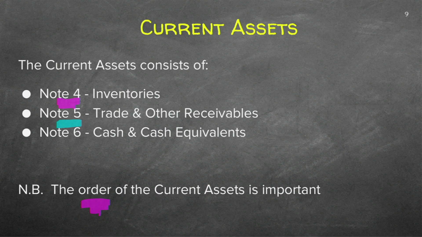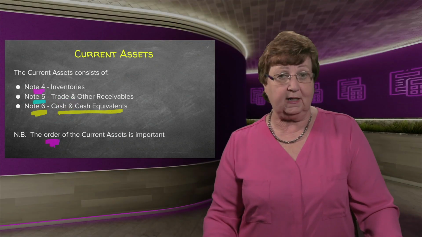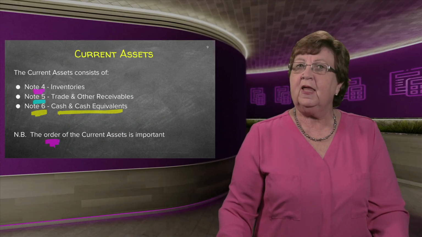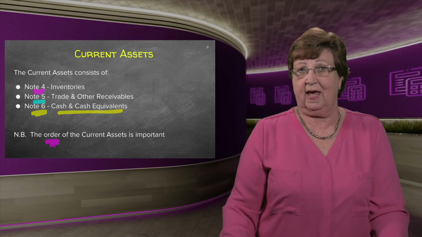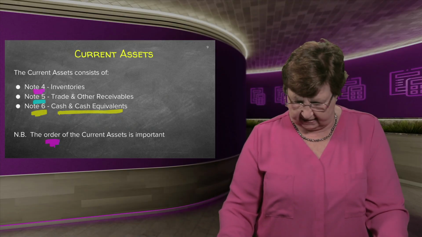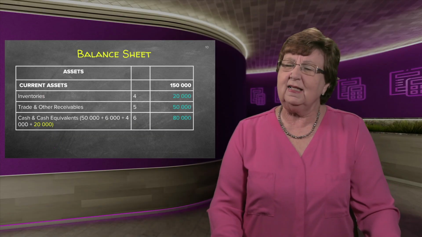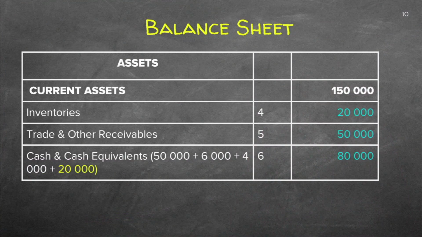And then we have our note number 6, cash and cash equivalents. And this is the note that I want to pay particular attention to. Inventories and trade and other receivables remain exactly the same as they were in grade 10 and 11. But let's have a look here at cash and cash equivalents.